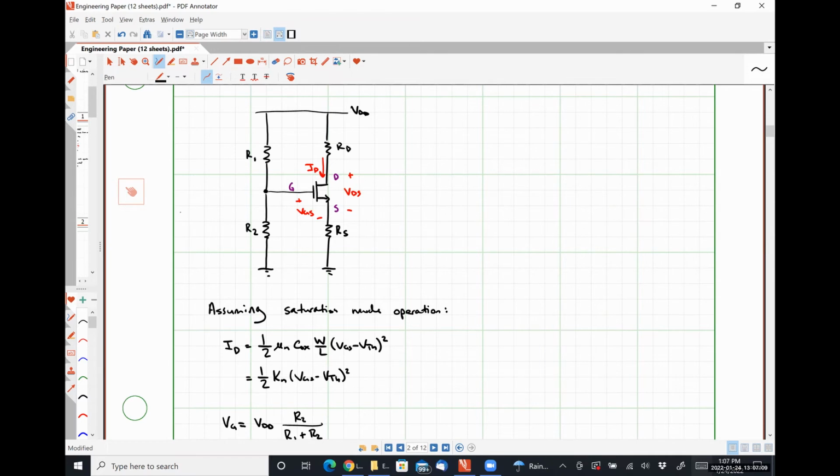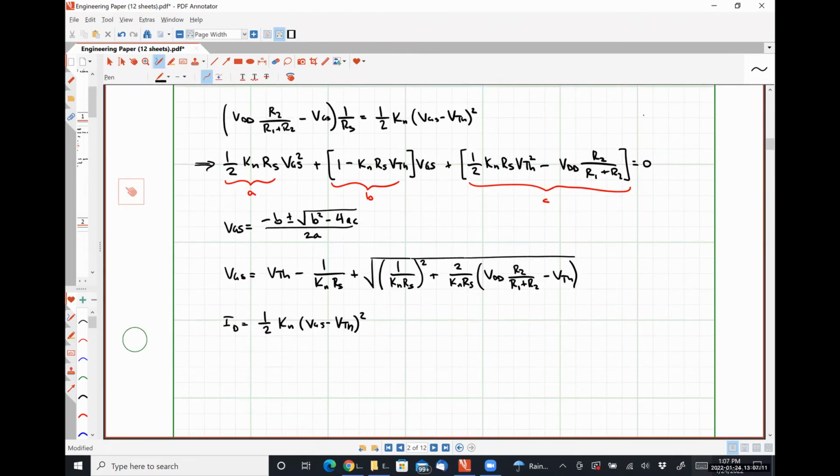All right, so from that, VDS is equal to VDD minus, and I'm just going to lump these guys together, RD plus RS times ID.